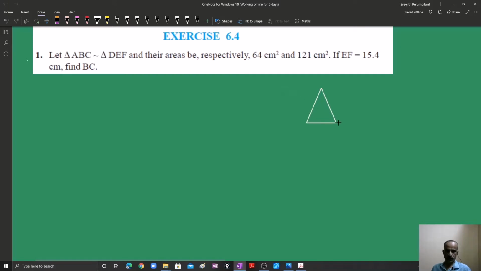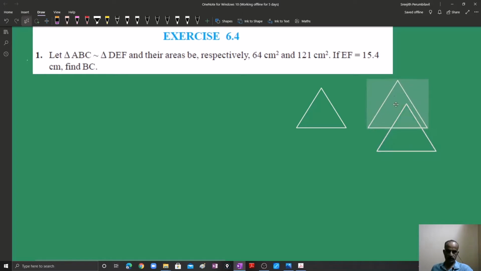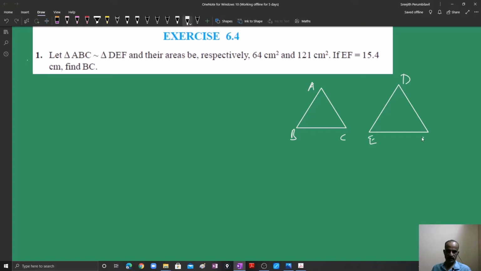No need for a figure, but I'll put up two figures. It is given that triangle ABC is similar to DEF. The ratio of their areas are respectively 64 centimeter square and 121 centimeter square. If EF is equal to 15.4, you have to find the value of BC.